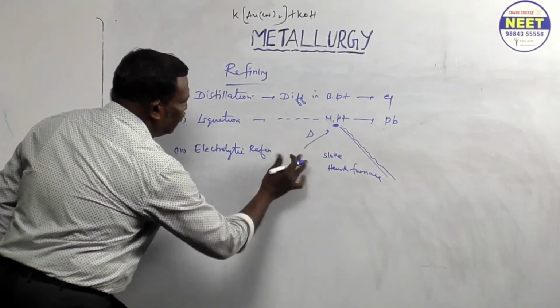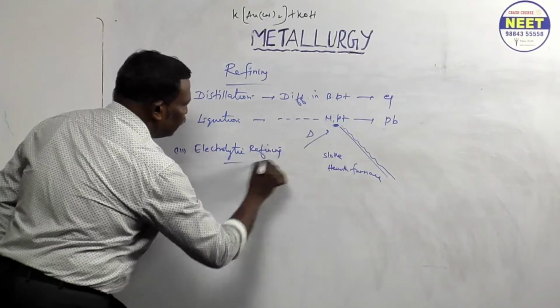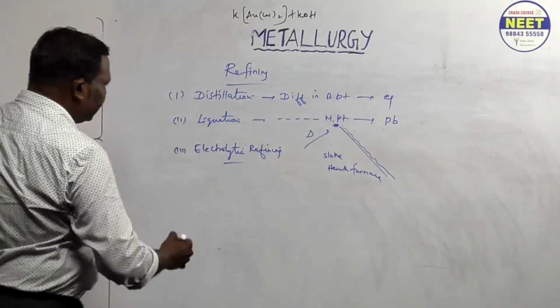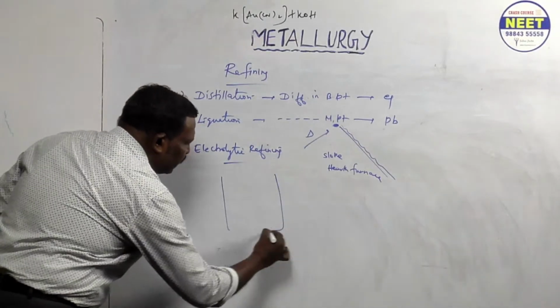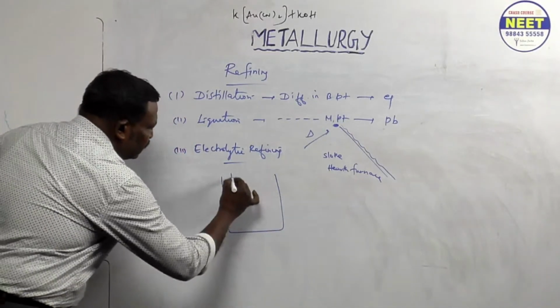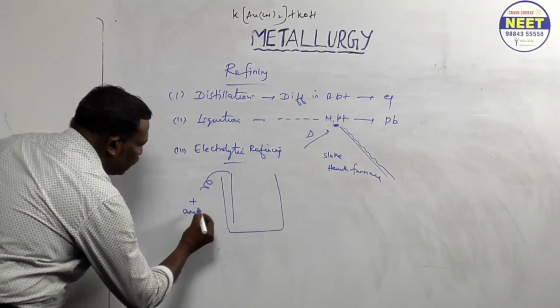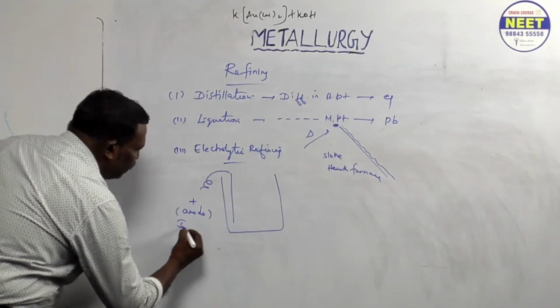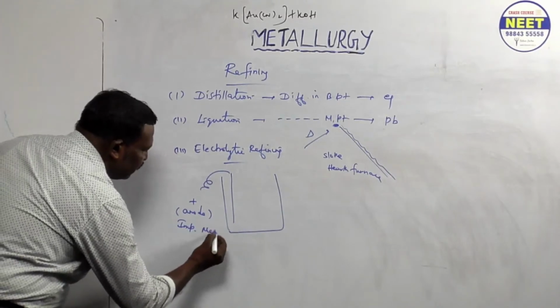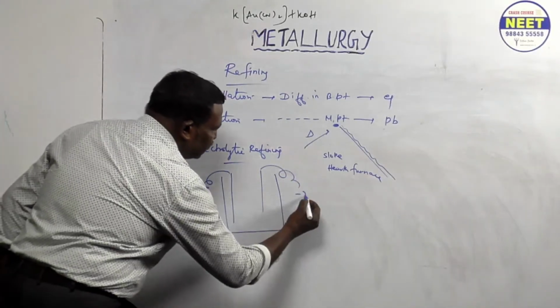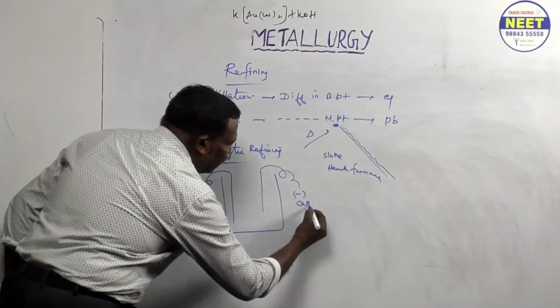Electrolytic refining. After getting the metal from the ore, it's not pure, no? So impure metal acts as what? Anode. Impure metal is the anode, just note down. That's very important. If you connect in a different way, the process will go in the opposite direction. Then the cathode, we connect what?